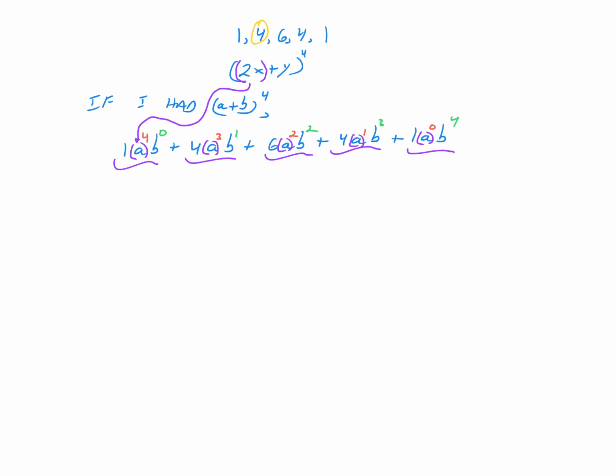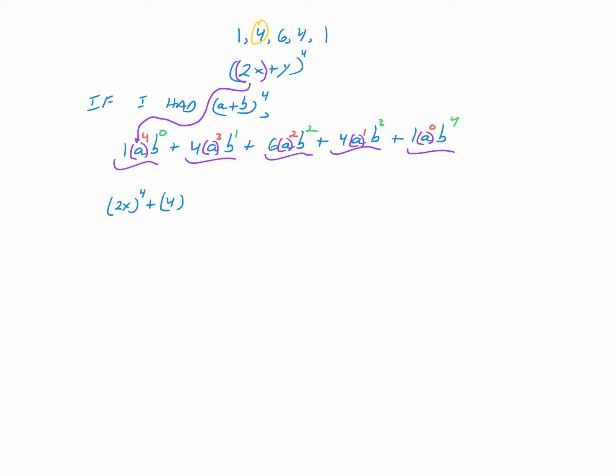Now, substituting the y in for b simply results in a variable change, so I'm not going to do much to that. So I'm going to have quantity 2x to the fourth. And while I'm doing this, I'm going to drop the 1 coefficients and the 0th degree terms, just in the interest of clarity, plus 4.